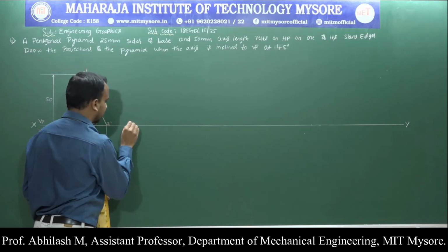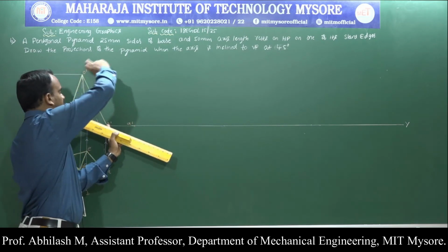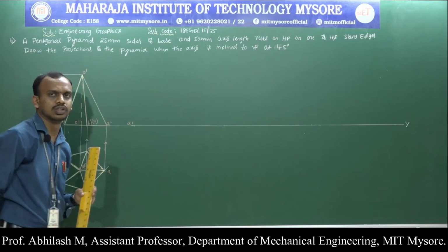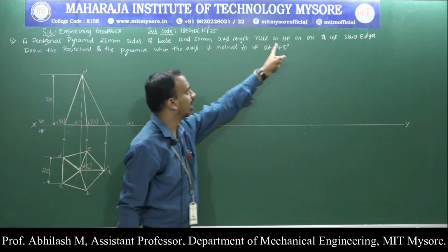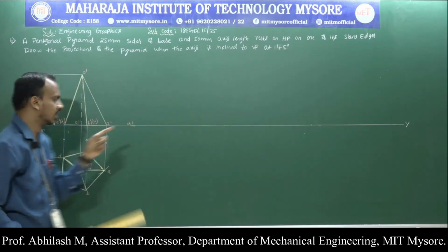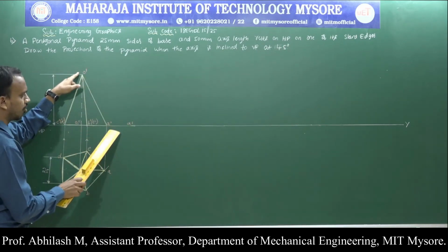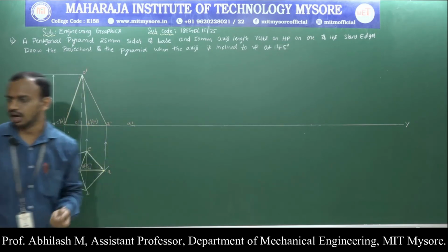Let us take this itself as the reference, because we are supposed to entirely rotate this slant edge onto the XY line based on the condition given in the problem, where they state rest on HP on one of its slant edges. So the slant edge is O dash A dash, and we are supposed to completely rest it on the XY line. How to do that?